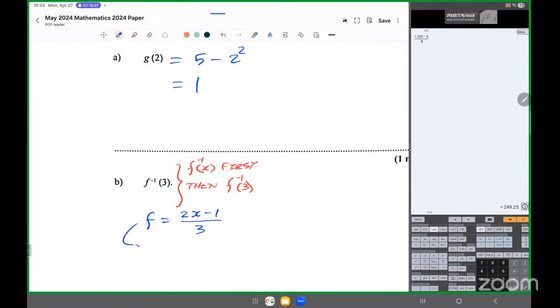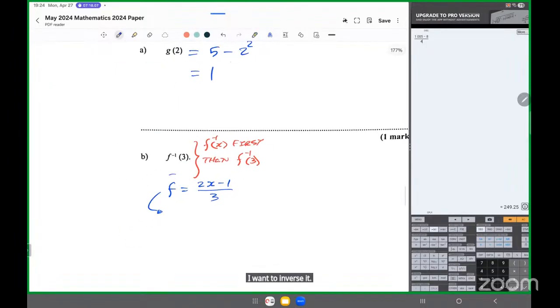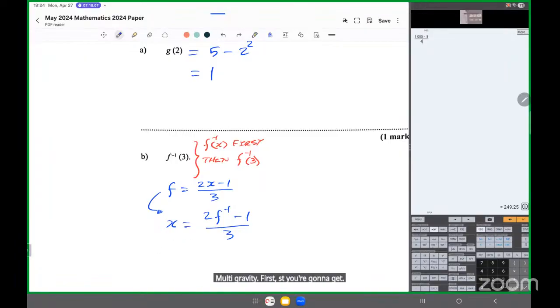I'm going to inverse it. When you inverse it, the f becomes x, and the x here becomes f to the minus 1. You try to make this the subject. Multiply with 3 first.